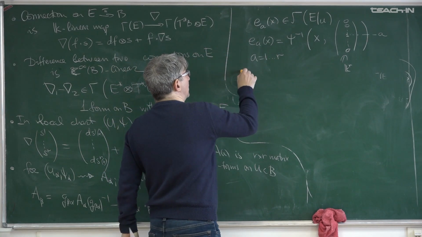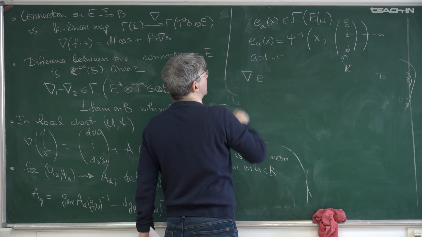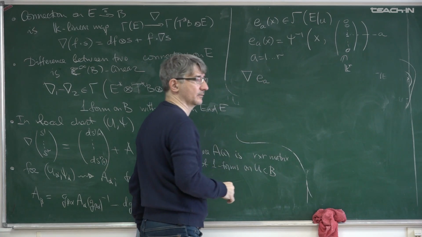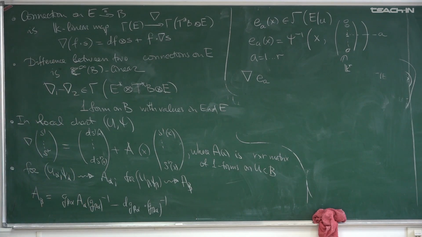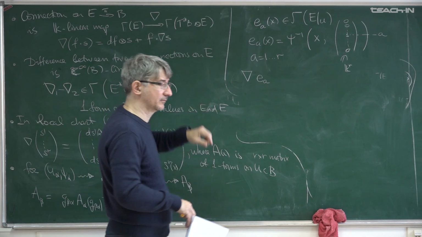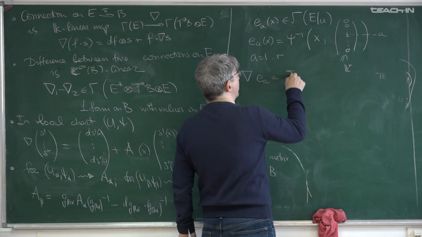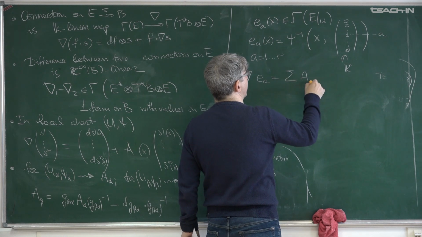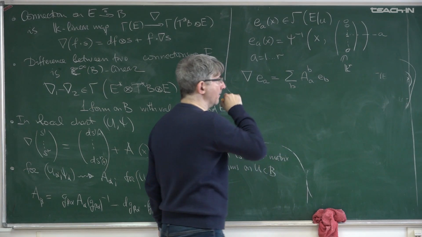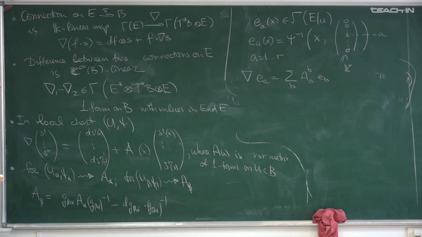What I want to do, let me ask you: what happens if I take a covariant derivative of this local section? I will obtain a linear combination of sections, but with coefficients here. This should look like this one.